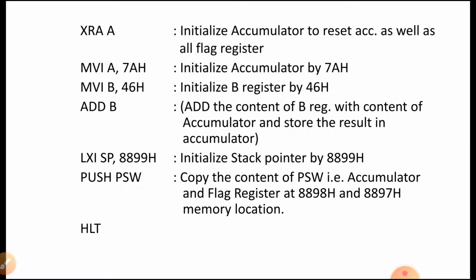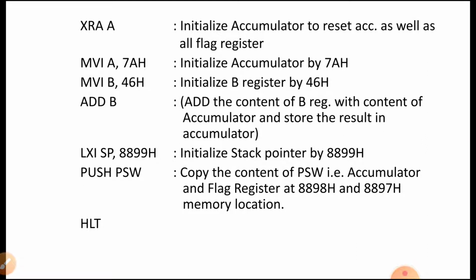And since it is an arithmetic addition operation, due to addition of two 8-bit numbers, there are certain chances of getting a carry. Depending upon the result we get after the addition, there will be certain changes in the status of the flags, because we know we have 5 flags: sign, carry, zero, parity, and auxiliary carry.